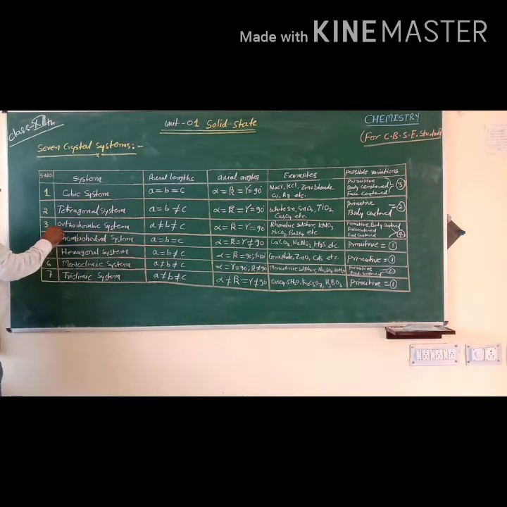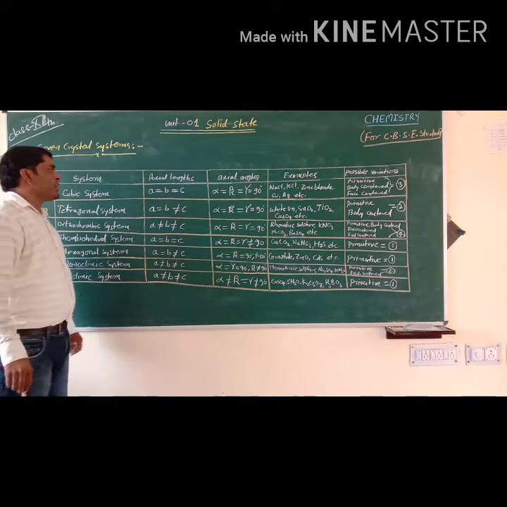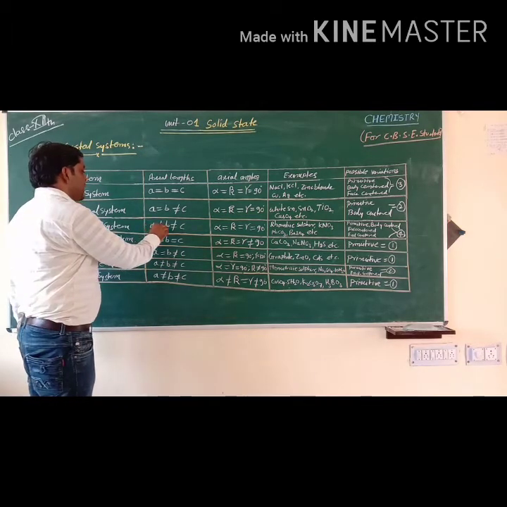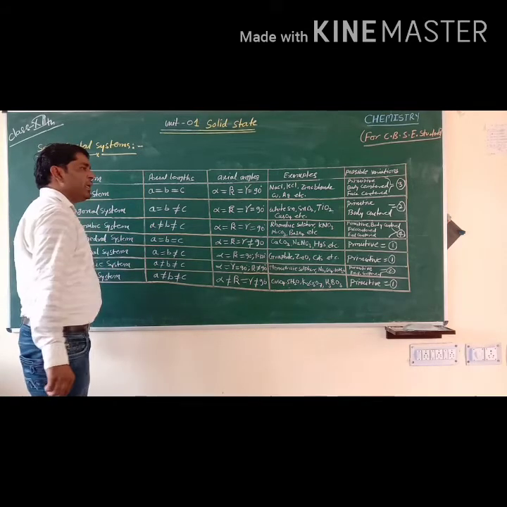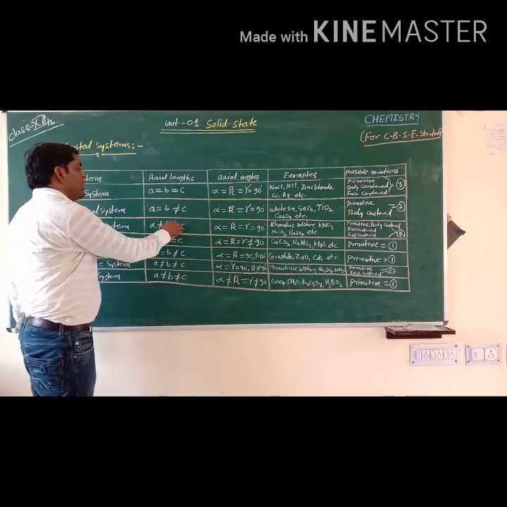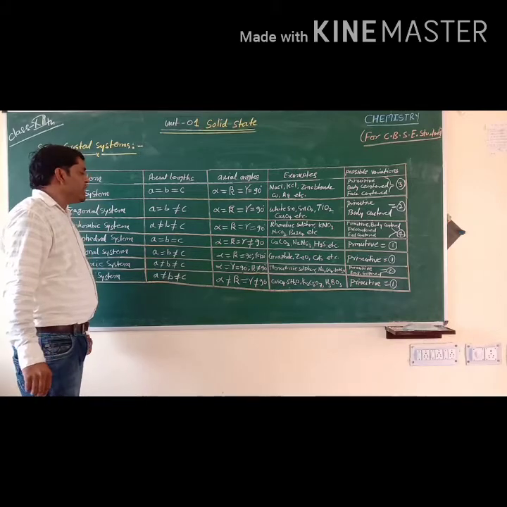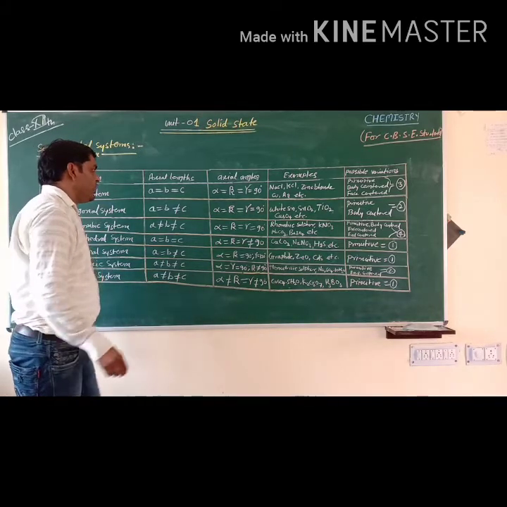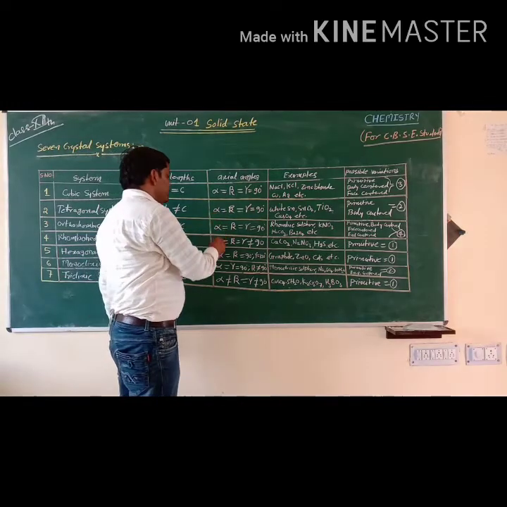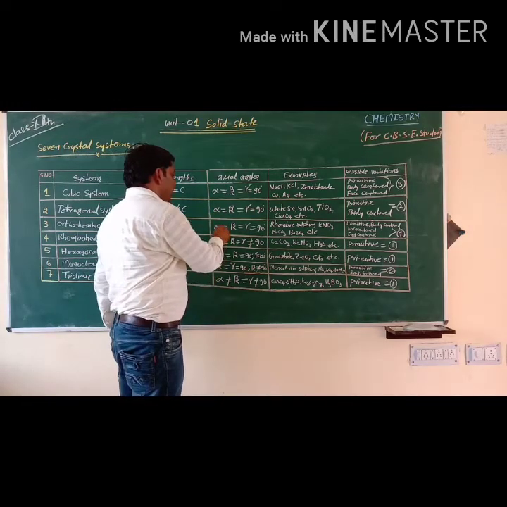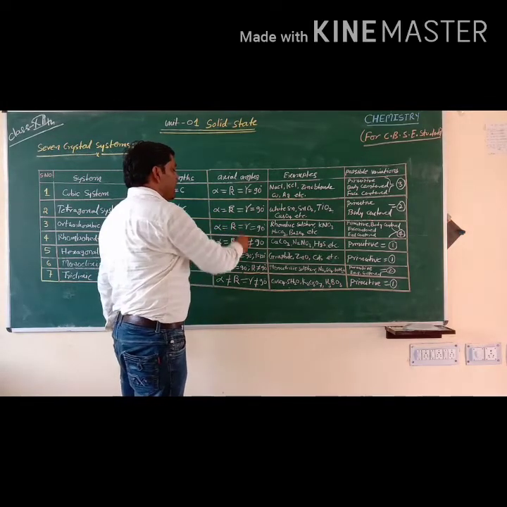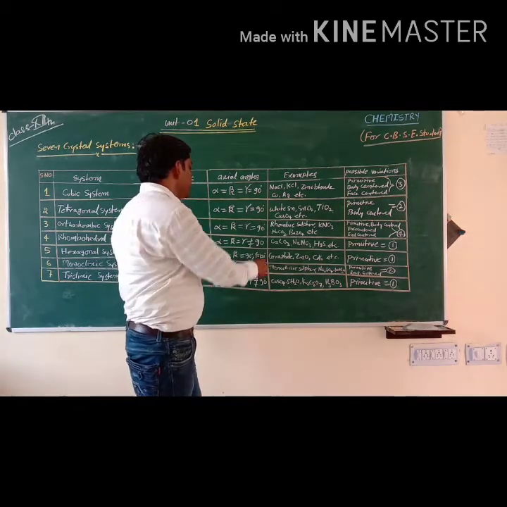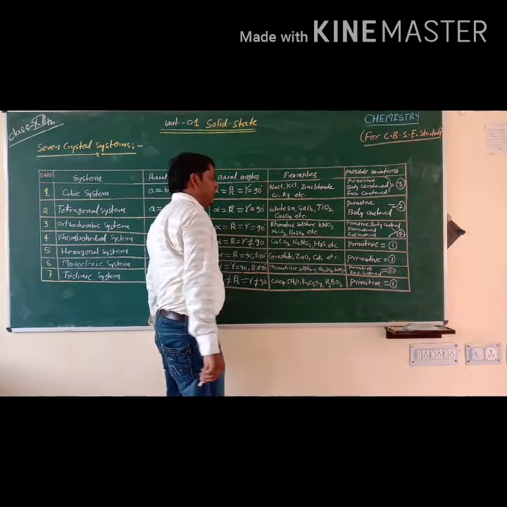Third crystal system is orthorhombic. In this system, A axial length is not equal to B and B is not equal to C. It means the three axial lengths are unequal. Axial angles alpha equal to beta, beta equal to gamma, and all three angles are equal to 90 degrees.